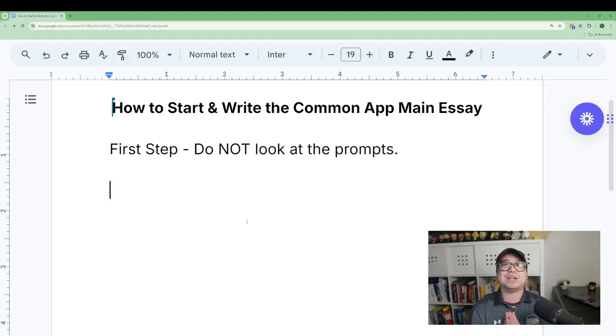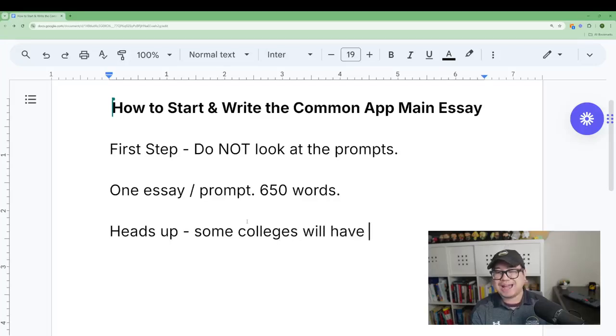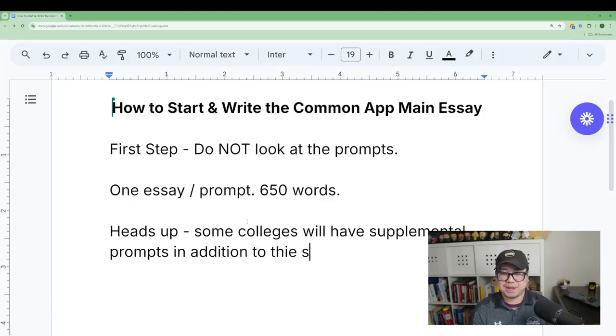When it comes to the Common App essay, at a high level, you get one essay, one prompt, and you get 650 words to talk about it. So that's the structure for us to think about. You only get one, which means you have to make it count. For those of you who are new to the Common App, heads up: some colleges will have supplemental prompts in addition to this main one.